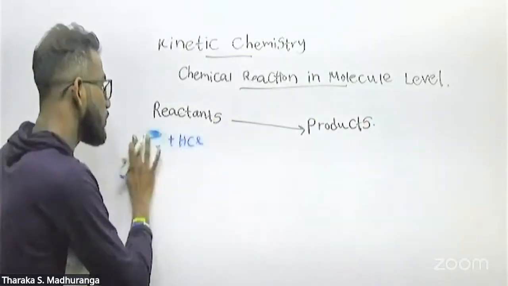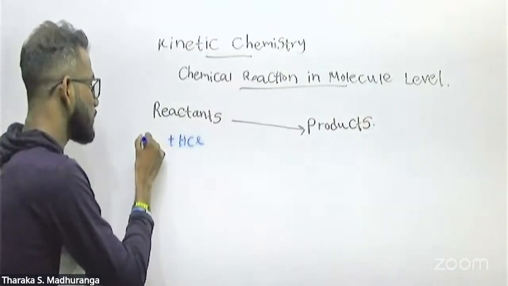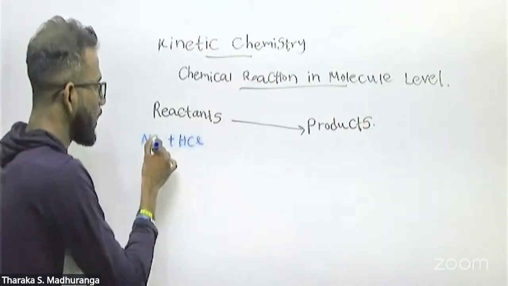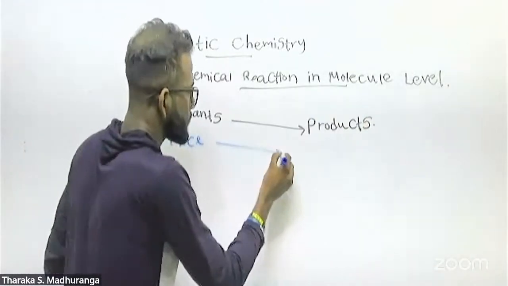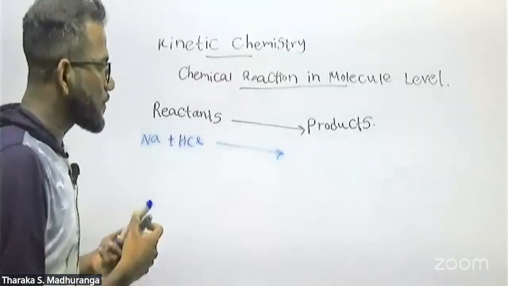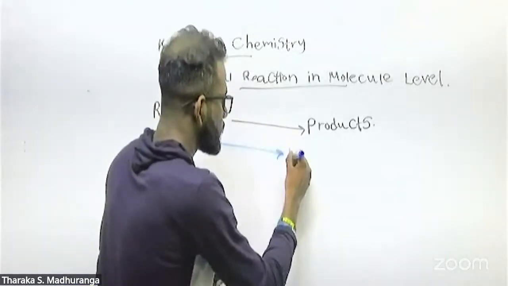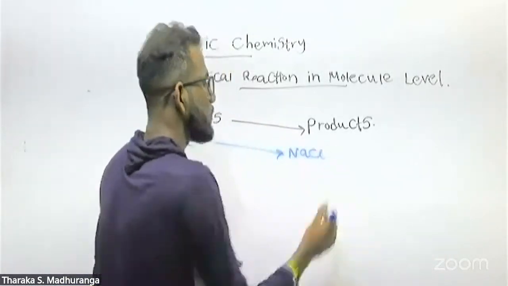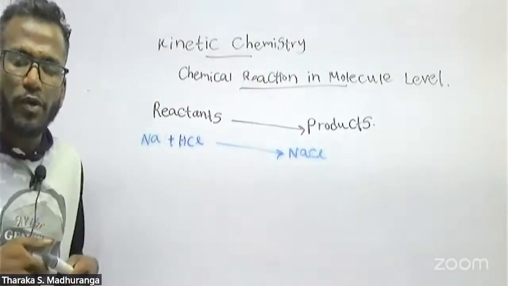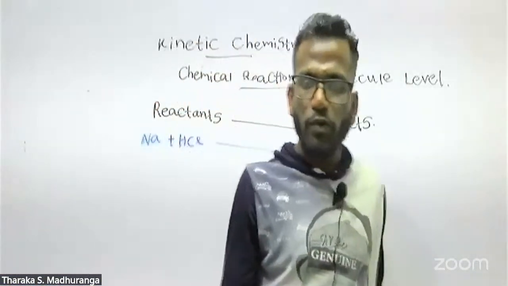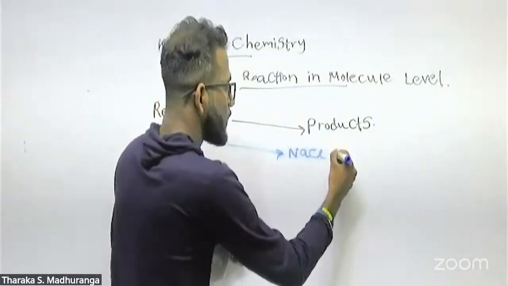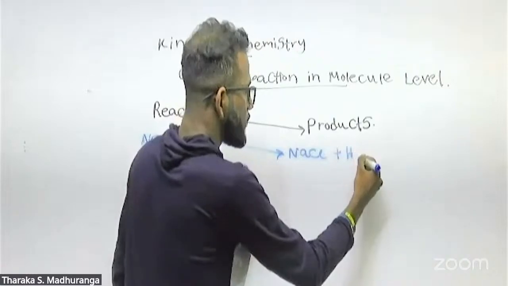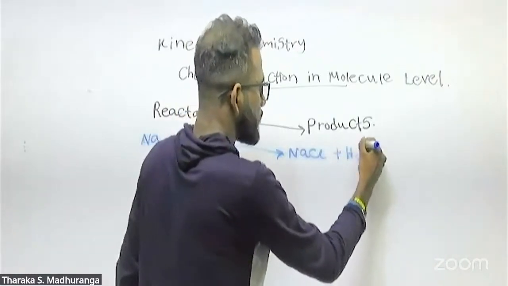Okay, we'll take the sodium reaction. Sodium and HCl. Then what are the products? Sodium chloride is produced. Sodium chloride, you know, is the salt we eat, and hydrogen gas, H2 gas, is produced.